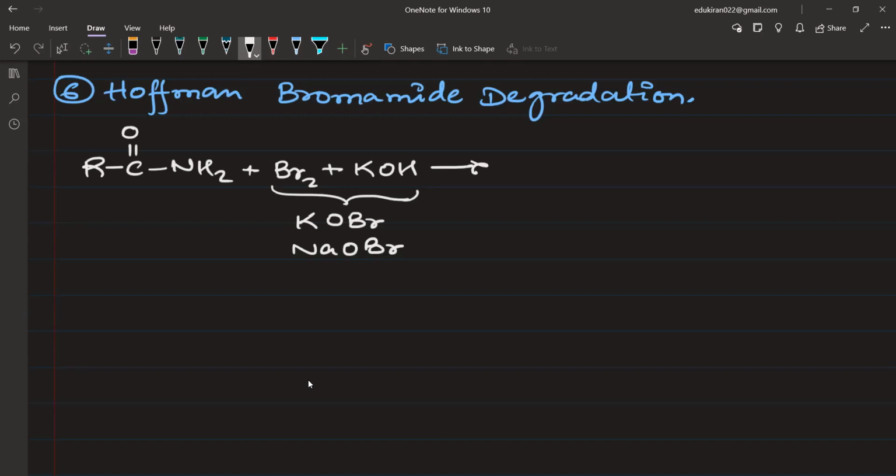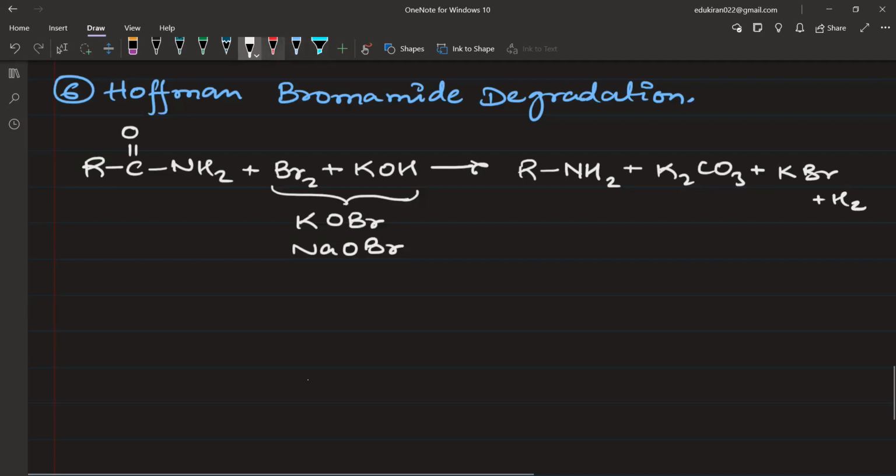But whatever reagent is given, this carbonyl carbon will be gone, and you will just write RNH2. What you have to do is degrade, remove this, 1 carbon less, RNH2 plus, depending on whether you use potassium or sodium, you will get K2CO3 or Na2CO3, plus KBr plus H2O. So this is important, that I am getting 1 degree amine.